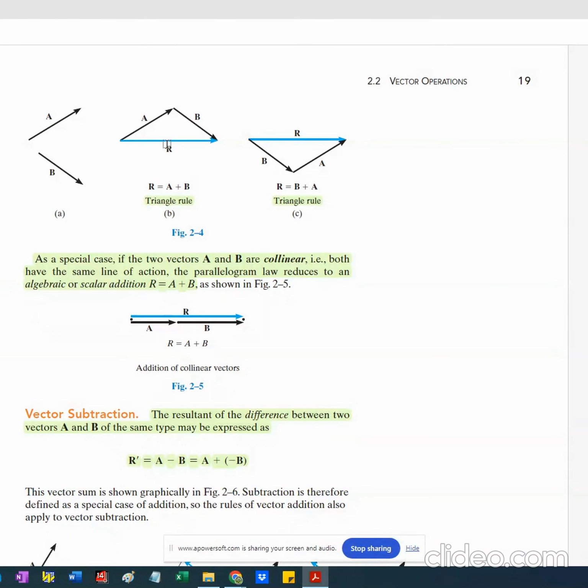So the resultant vector has its tail coincident with A's and its head coincident with B's. You can do it the other way too. Vector addition is commutative, so A plus B is the same as B plus A. For B plus A, you hold B, you move A's tail to the head of B, and then you complete the triangle.